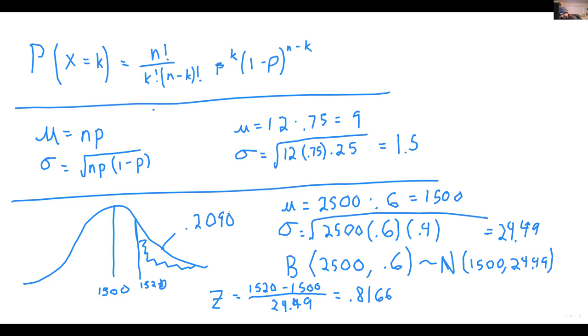Now, it's always better, since you can, to really do the actual binomial, but it gives me a relatively decent approximation. Oh, I looked up the wrong one. That's 0.2090 versus 0.213. So it's off by a little bit, even with a large number, but it's not terrible. Okay.